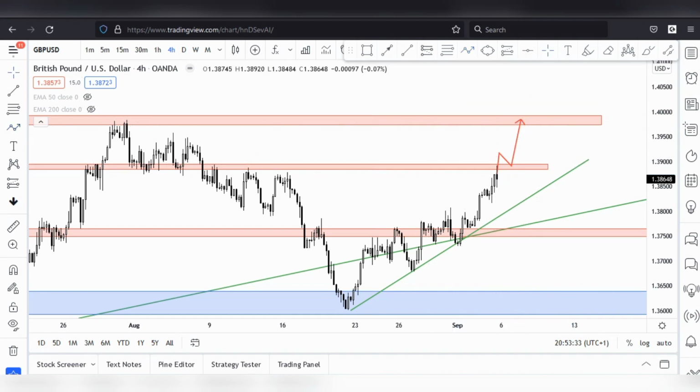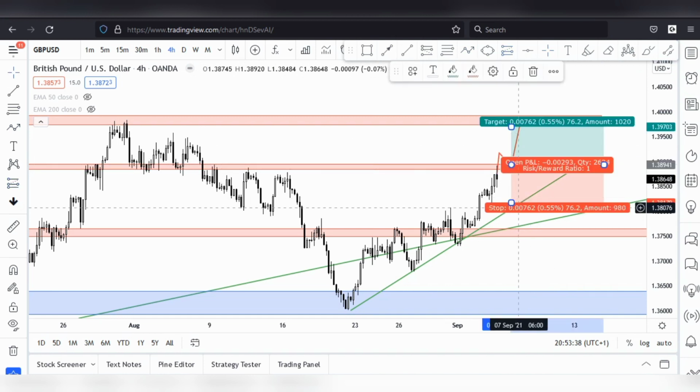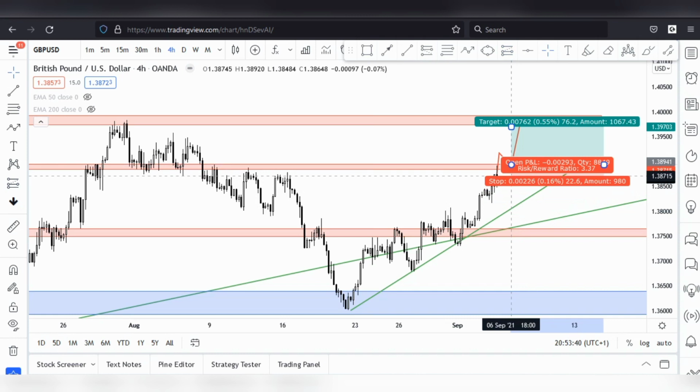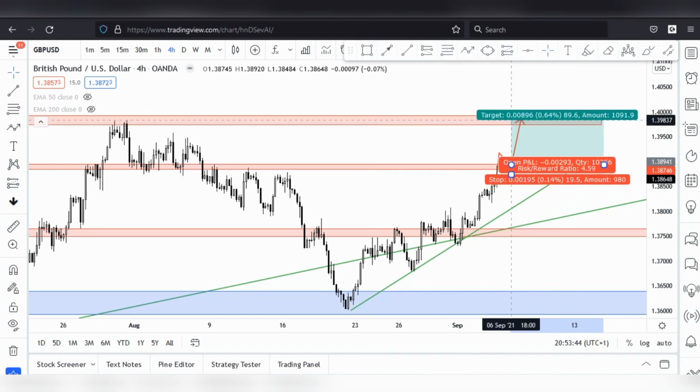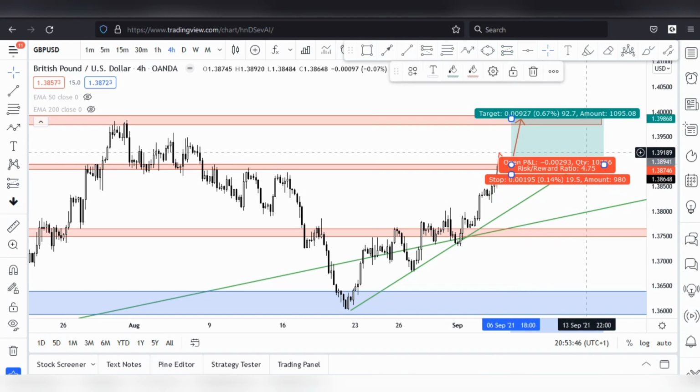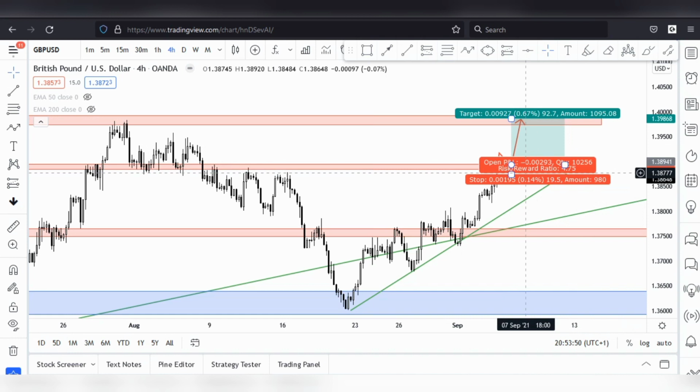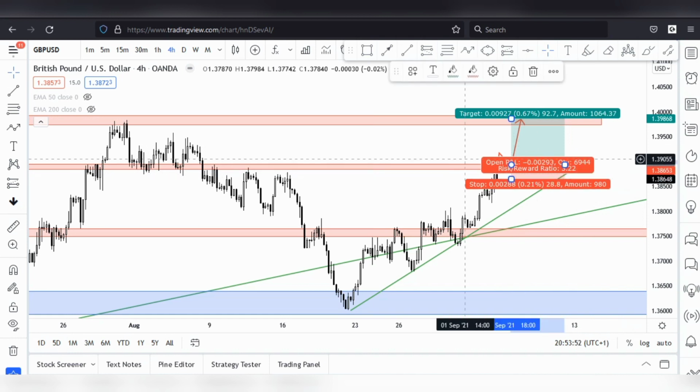It may not give you so many pips, it's less than 100 pips, but it's still profitable. You get up to about 90 pips on this trade, so if you're careful in the way you manage it, you can gain 90 pips on this GBPUSD trade.